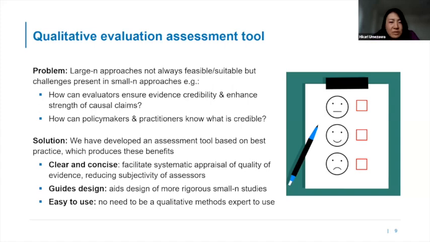I'm going to present the tool shortly, but basically our tool comprises 7 assessment criteria or signaling questions to assess some of the key aspects of evaluation methodologies. These questions are made to be clear and concise in order to help systematic assessment and also to minimize the risk of making subjective judgment as much as possible. And the user of the tool doesn't need to be an expert in qualitative methods. Next slide.